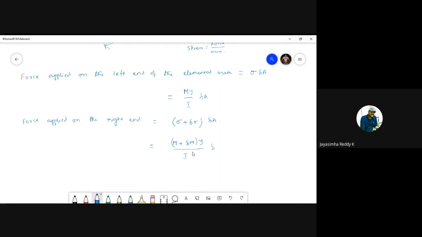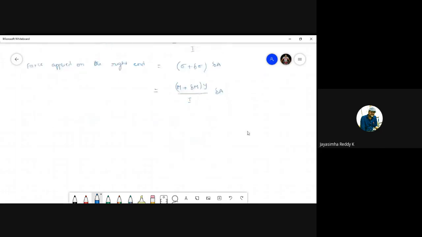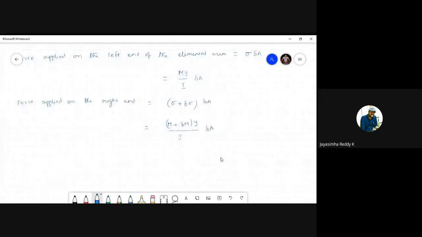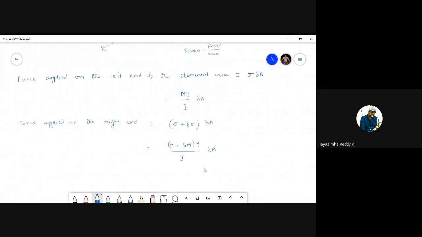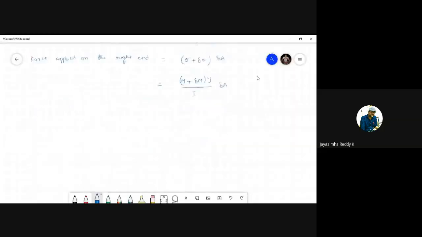Now what is the difference of force, the unbalanced force? There will be an unbalanced force towards the left hand. See here, on the left hand the force is this and on the right hand the force is this. So there is a difference of force from the left side to the right side, so there will be an unbalance of force.